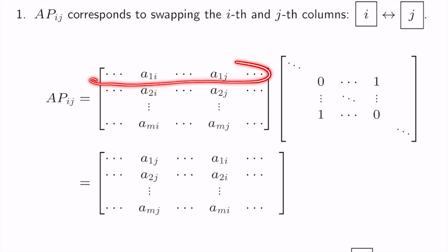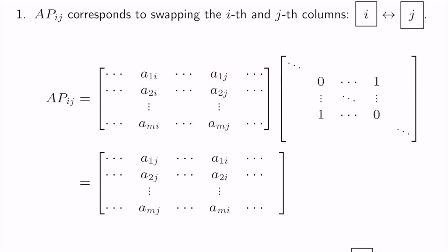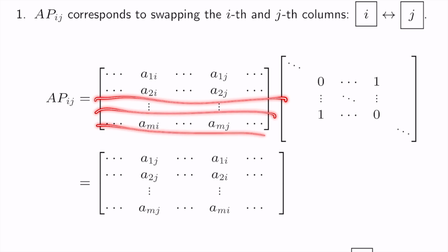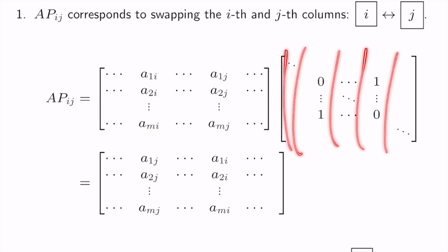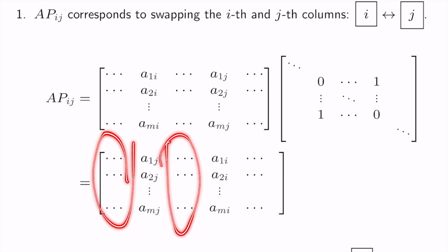And consider the first row and the jth column. So we multiply this and this, we get this, A1i. So if you continue this for every row and every other column in these matrices, then we obtain this matrix in which the ith column and the jth column are swapped, and all other columns are unchanged.